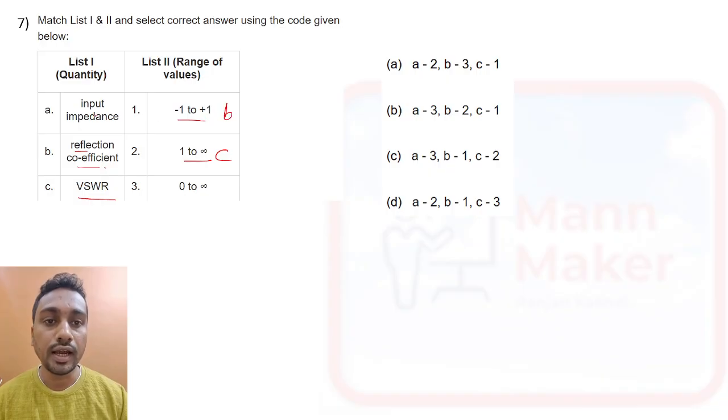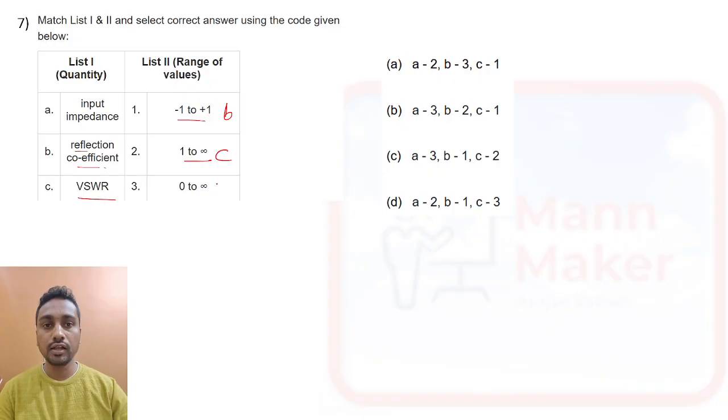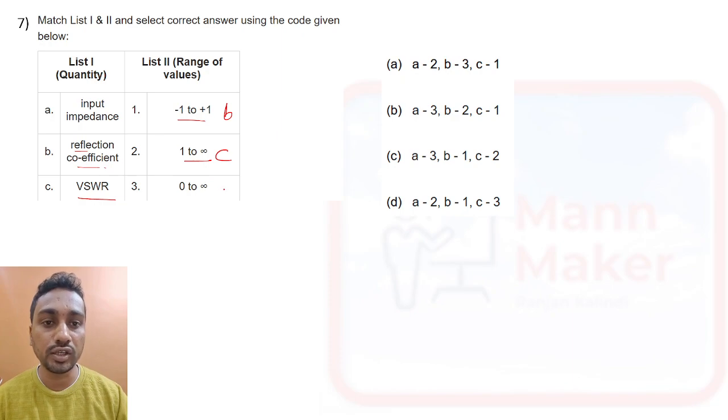This is B. And input impedance is different for different devices, so we can consider it is 0 to infinity. So here it will come A. So if you match this thing with the options, option C will be the correct answer, right? A is 3, B is 1 and C is 2. Okay, correct. So option C is the right answer.